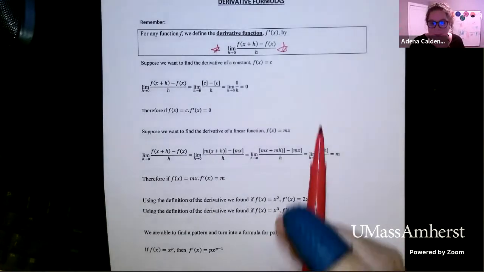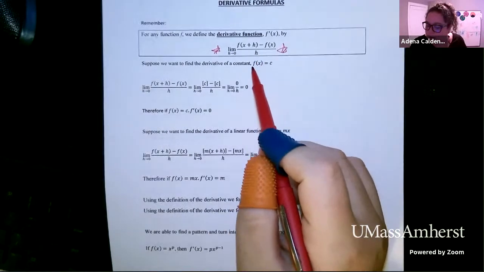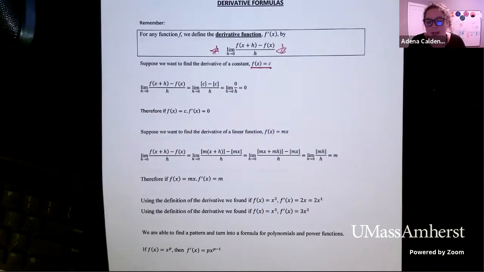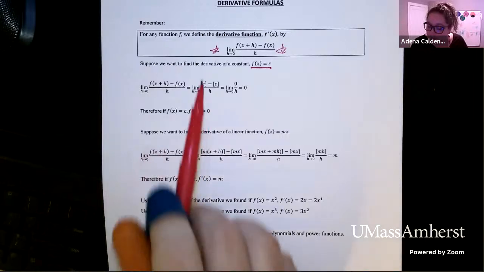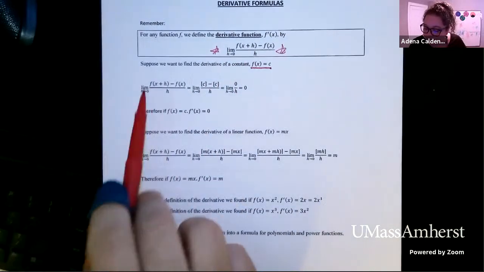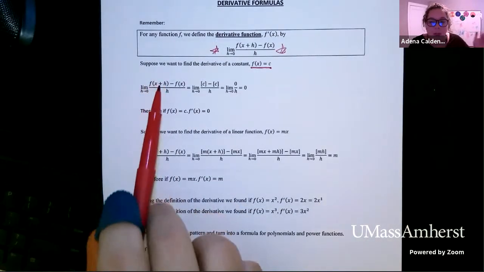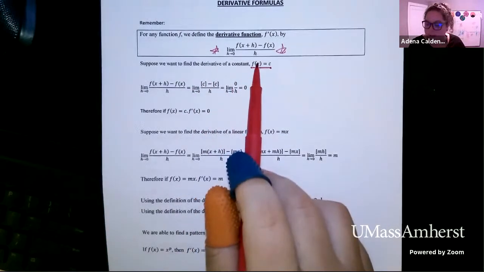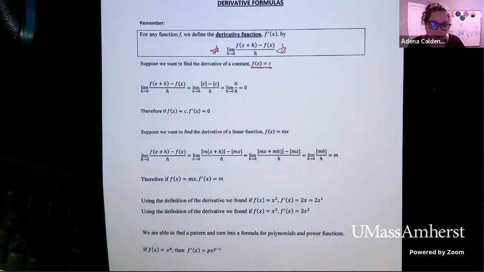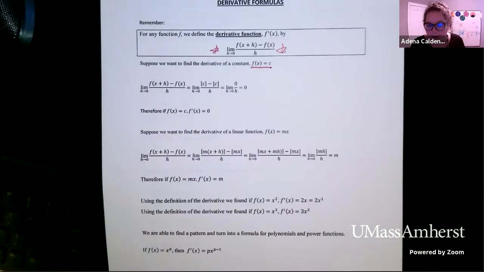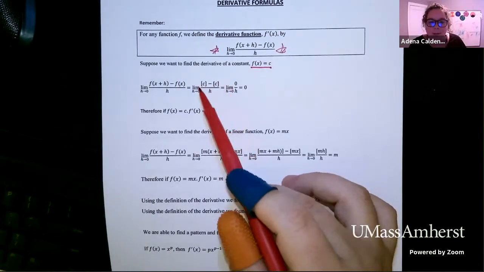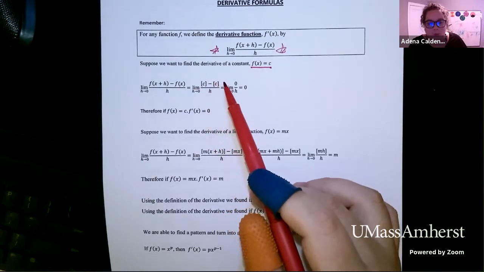So for example, if we have a function that is a constant, so C is some number, right? So C is 5 or C is 10, something like that. If we were to apply this definition, right, f of x plus h, think back to our composite functions. If you try to plug in an x plus h here, you still just get that number, right? So nothing changes. It's always equal to 5. So really, this is the limit as h goes to 0 of the constant minus the constant, which is 0.